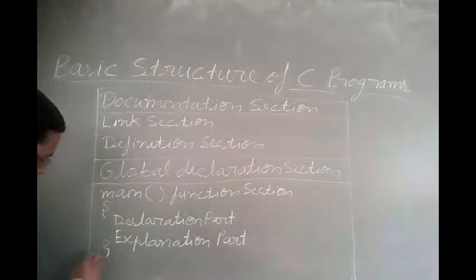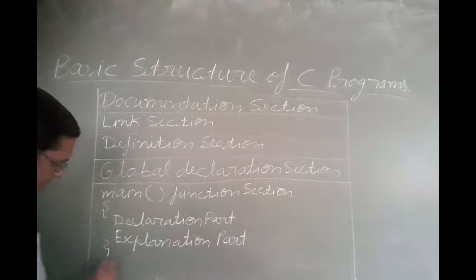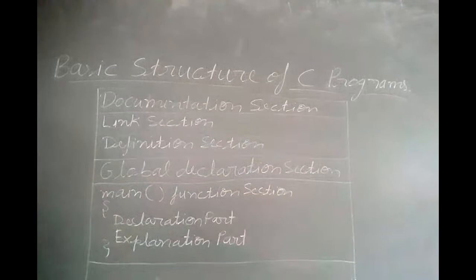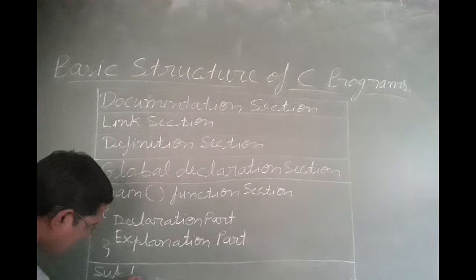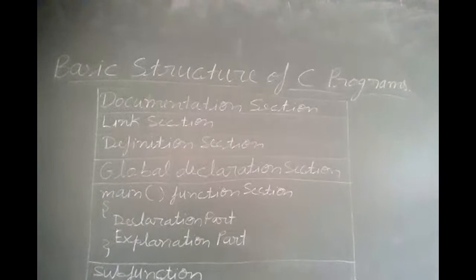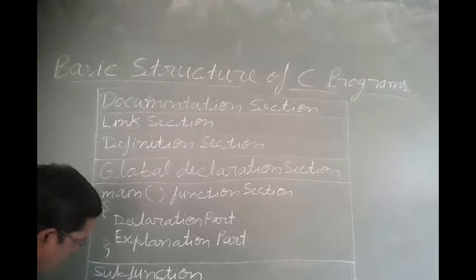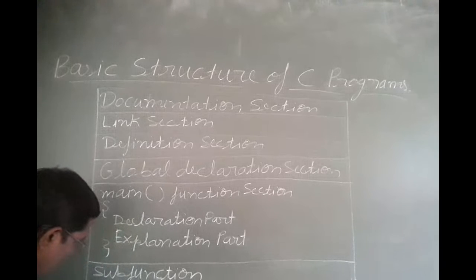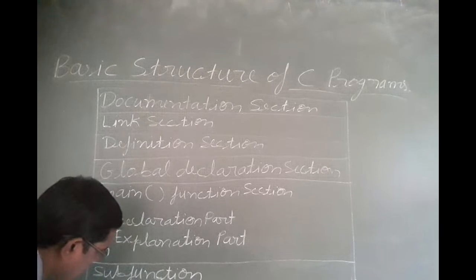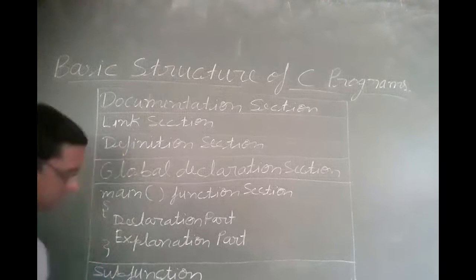And if the program contains a number of sub functions, then all the sub functions are defined outside of the block of the main function, like function 1, function 2, like that.